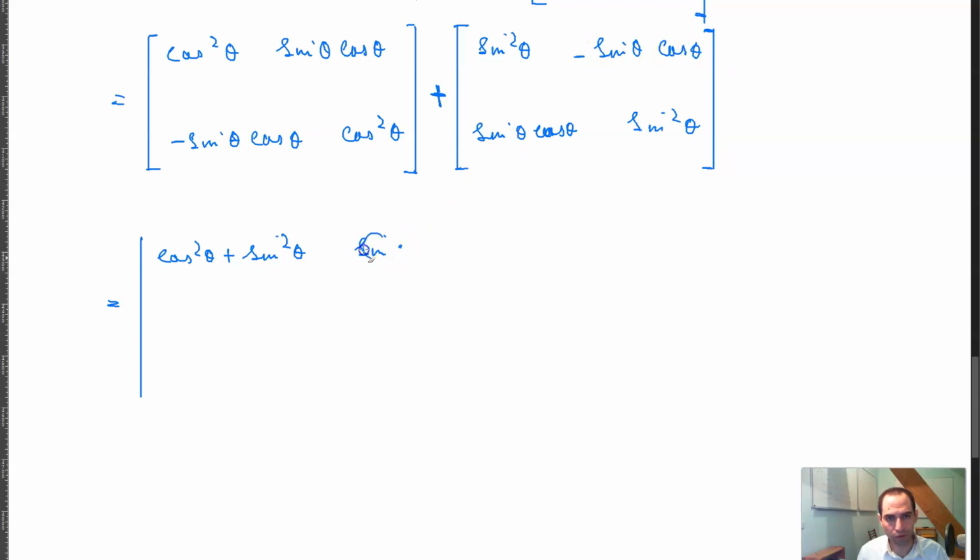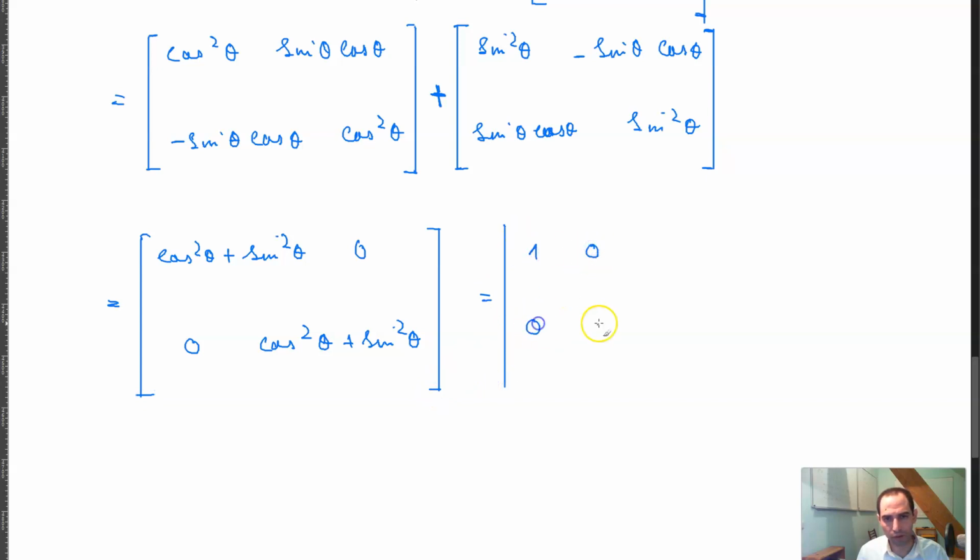That's going to be equal to 0. So negative sine theta cos theta plus sine theta cos theta is 0, and cos squared theta plus sine squared theta is equal to 1. So that is equal to 1, 0, 0, 1.